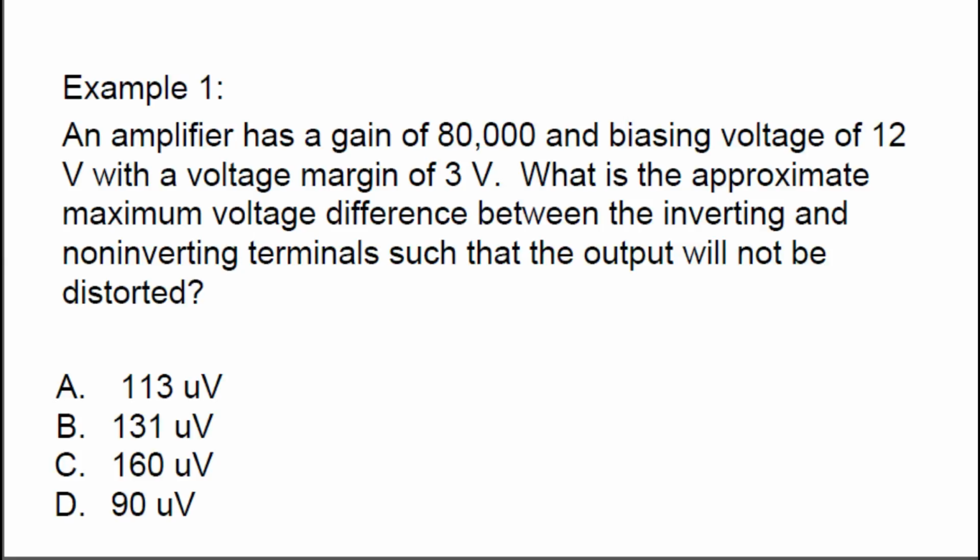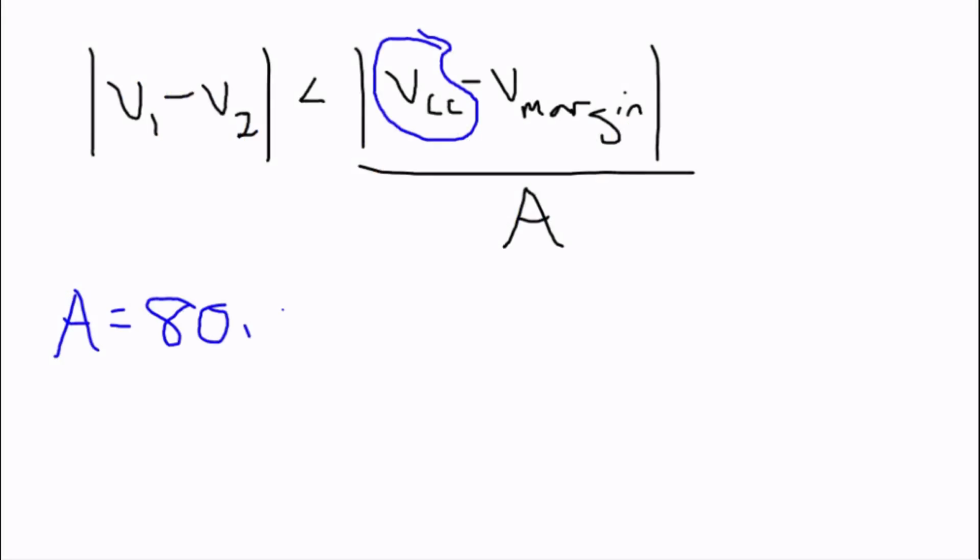We're given the gain of 80,000. So our gain equals 80,000. We're given a biasing voltage of 12 volts. Now the biasing voltage is not necessarily our VCC, but in this case we're going to say it is.